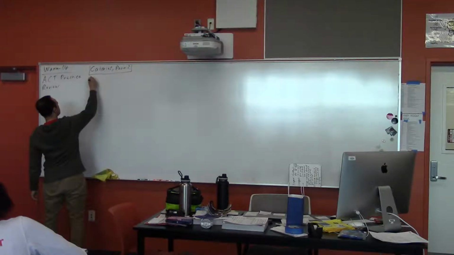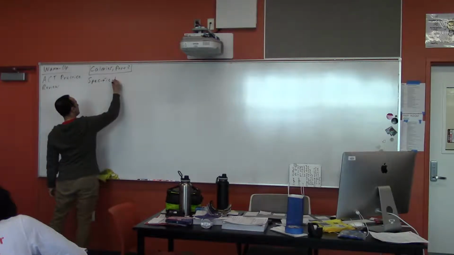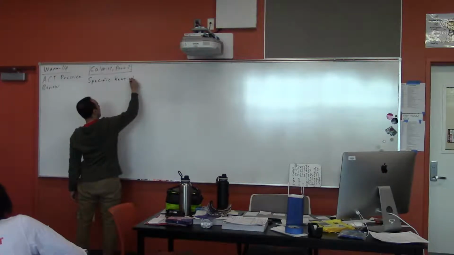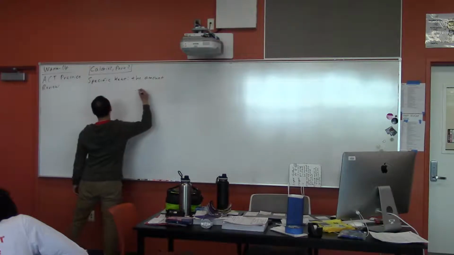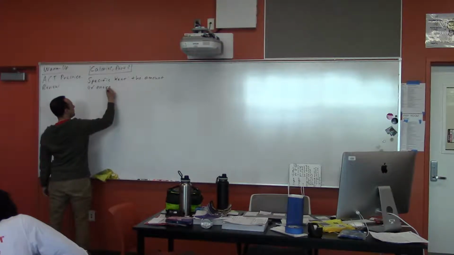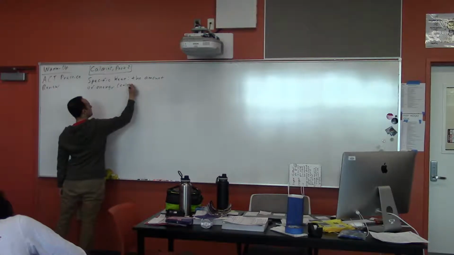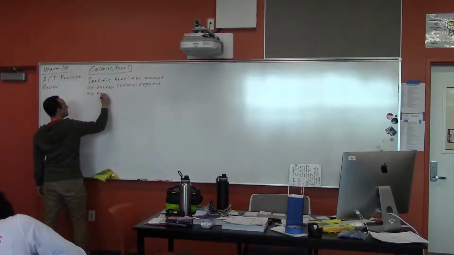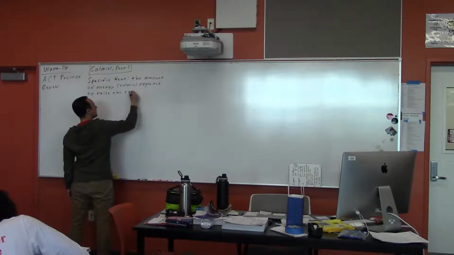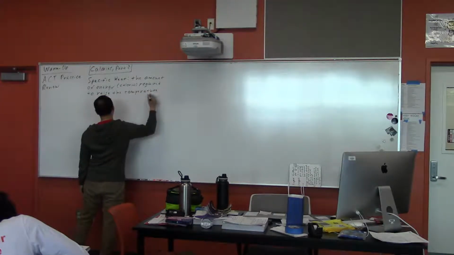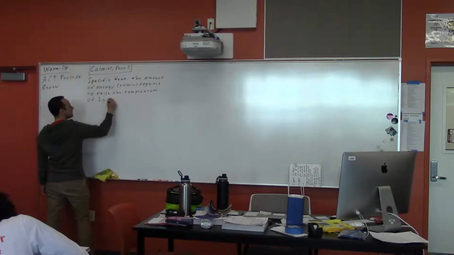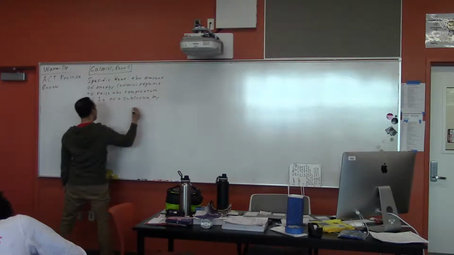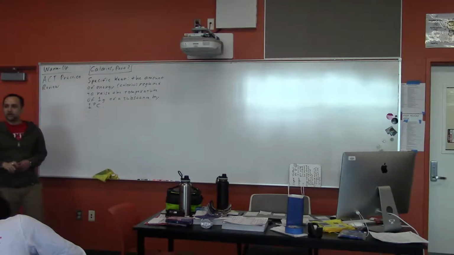So this is the amount of energy, and you can measure that in calories, required to raise the temperature of 1 gram of a substance by 1 degree Celsius. Okay?